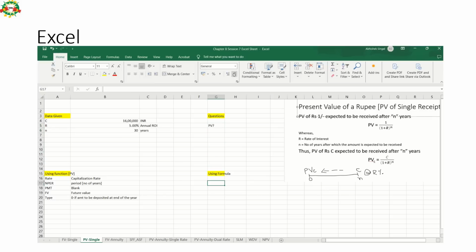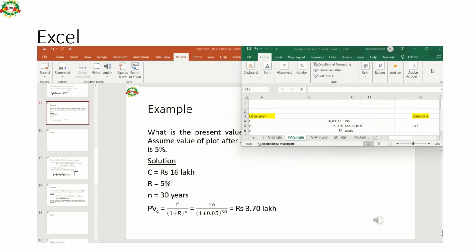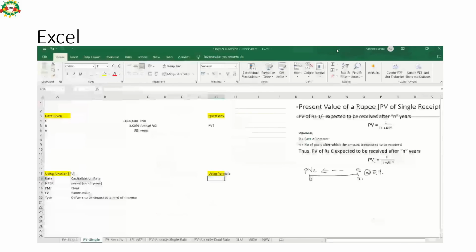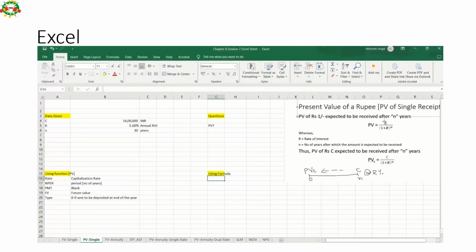So let us first calculate this value with the help of the formula. Let us use this formula first, and calculate the present value of 1 rupee.